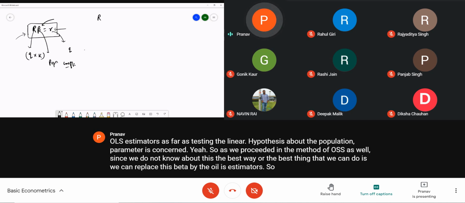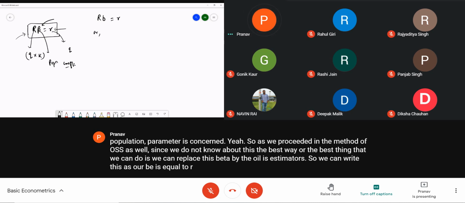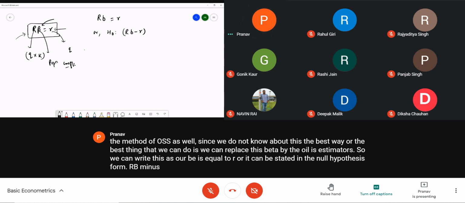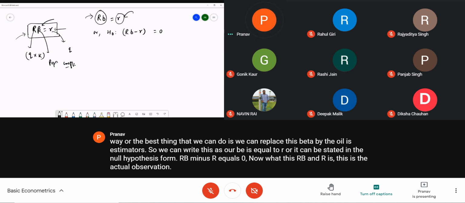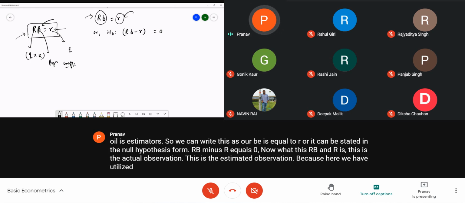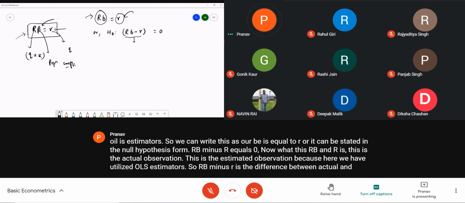So we can write this as Rb is equal to r, or it can be stated in the null hypothesis form, Rb minus r equals 0. Now, what this Rb and r is: this is the actual observation, this is the estimated observation, because here we have utilized OLS estimators. So Rb minus r is the difference between actual and expected.